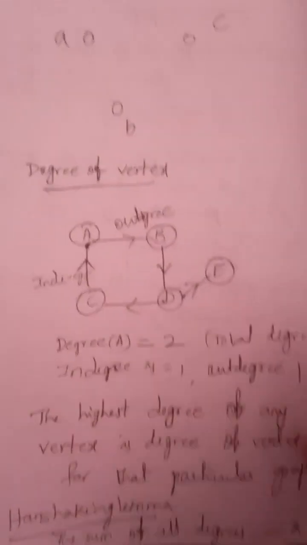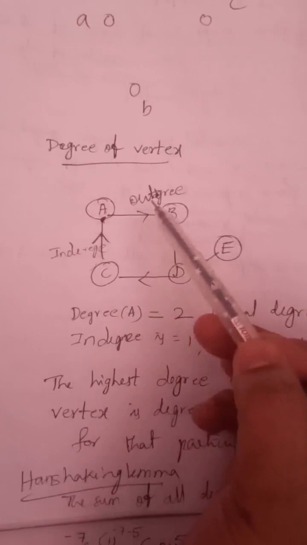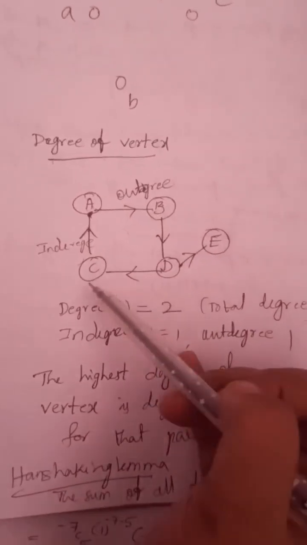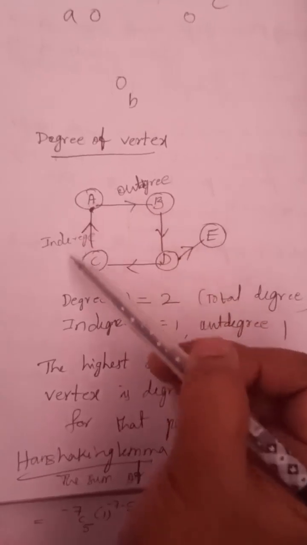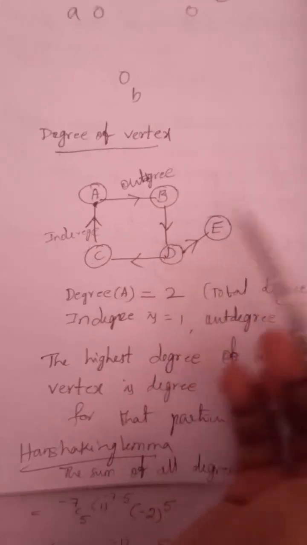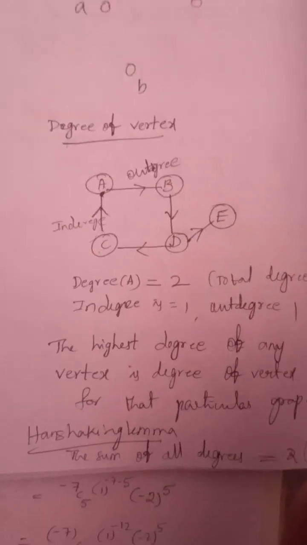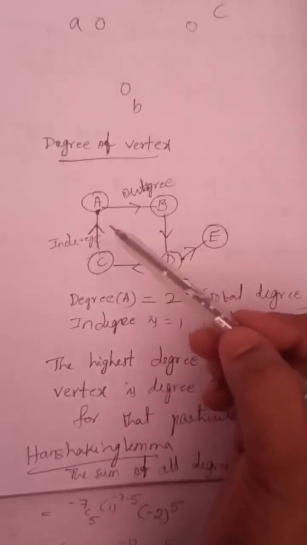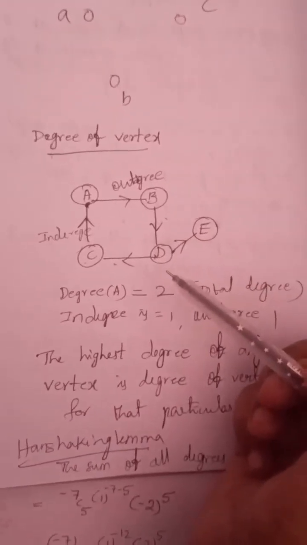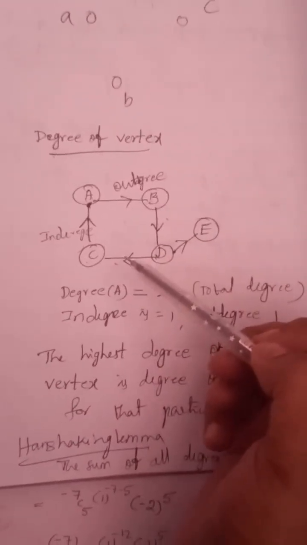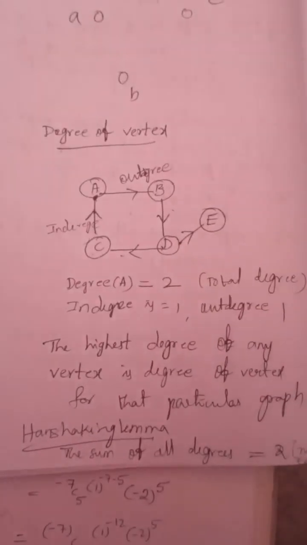Just to see here, what about the degree of all the vertices? A is 2, B is 2, D is 3, C is 2. So likewise, 3 2s are 6 plus 3, 9. And which is double the number of edges? In case we consider 1, 2, 3, 4, 5, 5 edges are there. 5 into 2 is 10.